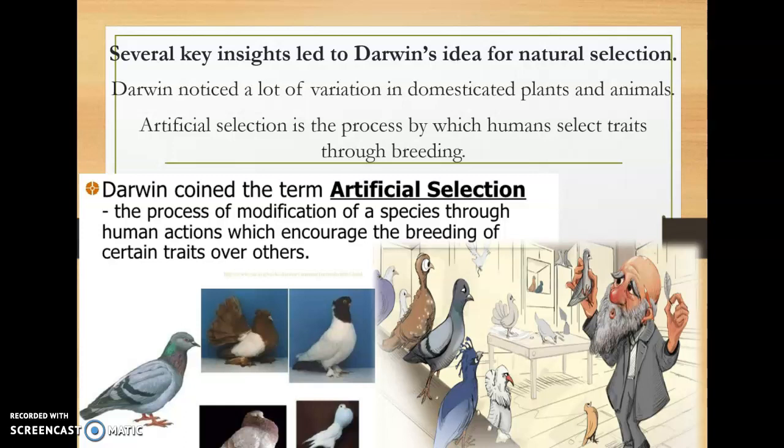Now, artificial selection is very different from natural selection, and artificial selection is man deciding which traits and characteristics are beneficial. Charles Darwin did this with pigeons.